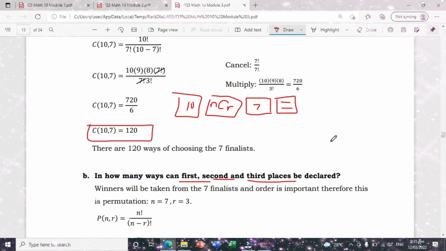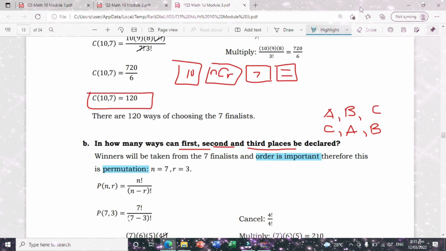So syempre kung si A ang first, possible si B ang second, si C ang third. So, it would mean different thing naman if si C ang first, si A ang second, at saka si B naman yung third. So, is order important? So, yes indeed. So, the order is important. So, this is an example of permutation.